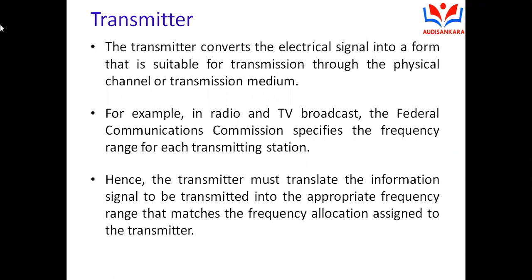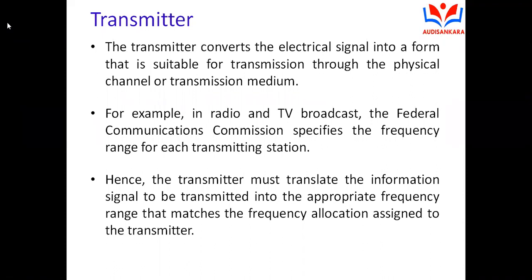For radio systems and TV broadcasting systems, the Federal Communications Commission, that is the FCC, specifies the frequency range for each transmitting station. Beyond that frequency range, there is no possibility to communicate the information by using a particular transmitter.